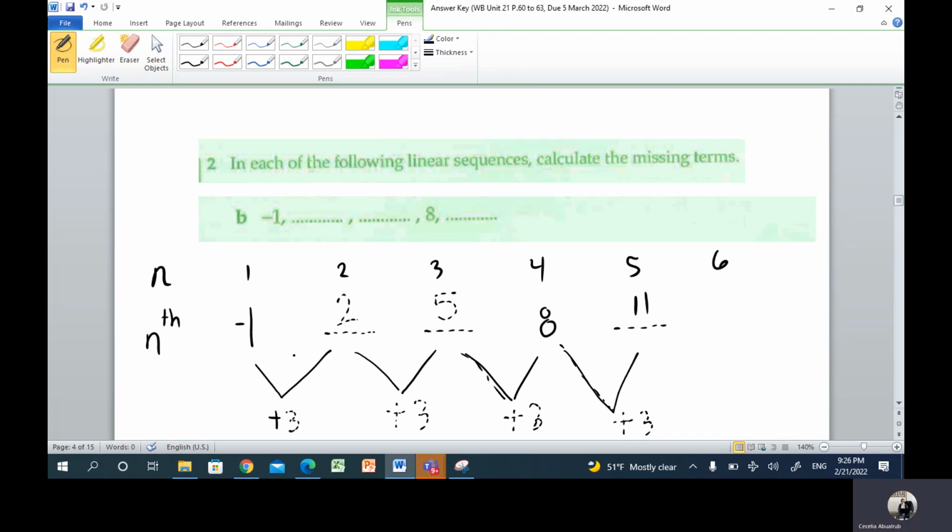So it makes sense. My sequence starts at -1, -1 plus 3, the answer is 2. 2 plus 3, the answer is 5. 5 plus 3, the answer is 8. And 8 plus 3, the answer is 11.